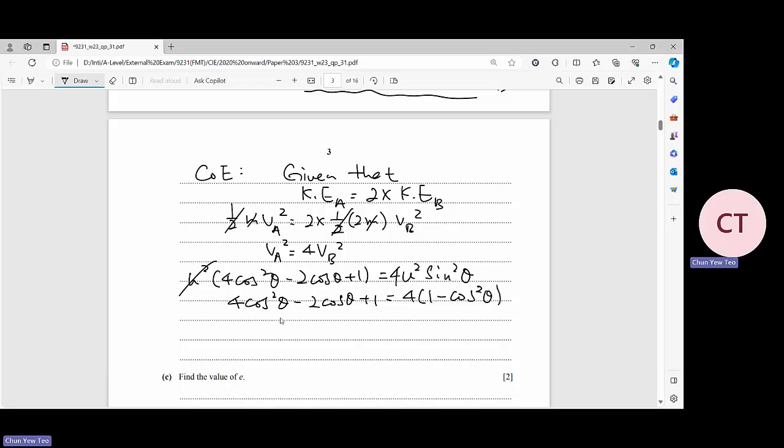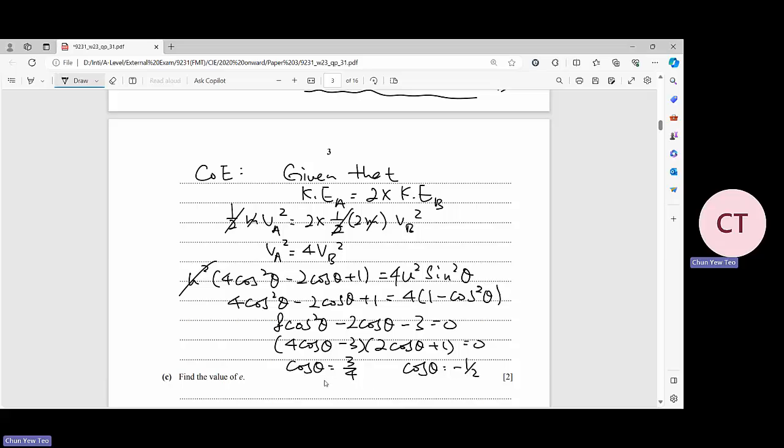And if you join together, you will have 8 cos square theta minus a 2 cos theta minus a 3 equal to 0. Factorize it, 4 cos theta plus 3, 2 cos theta minus 1. Then you get your cos theta equal to 3 over 4, and your cos theta equal to the negative half.